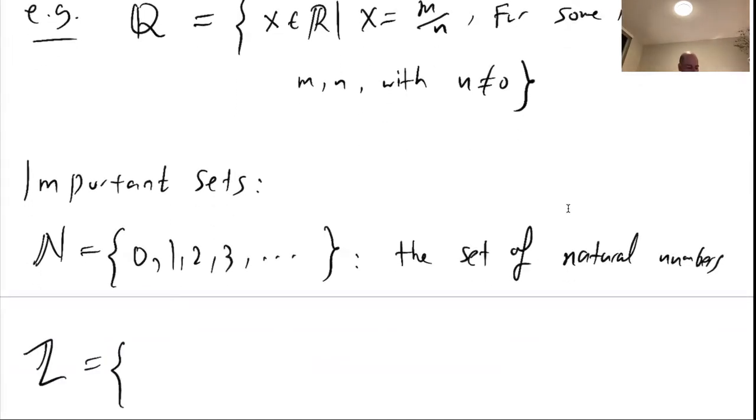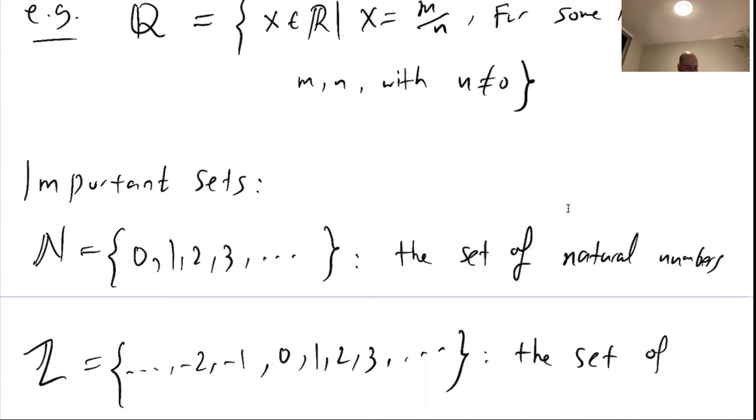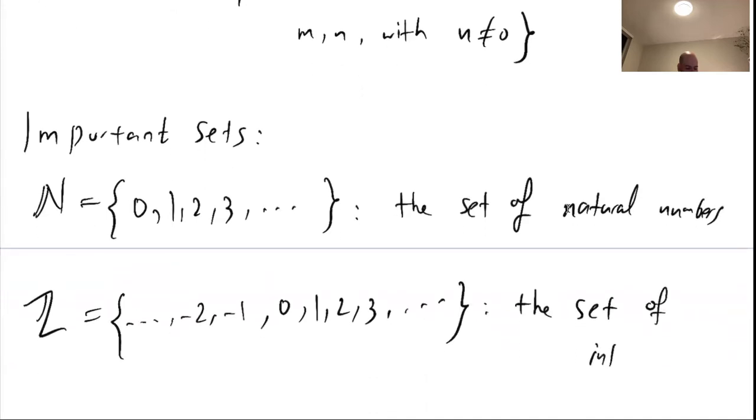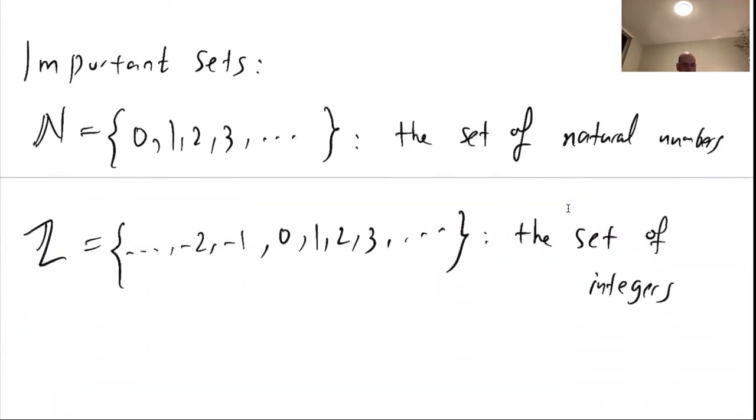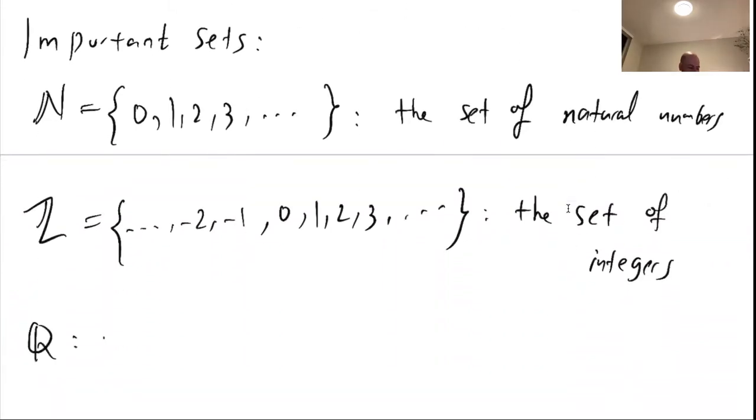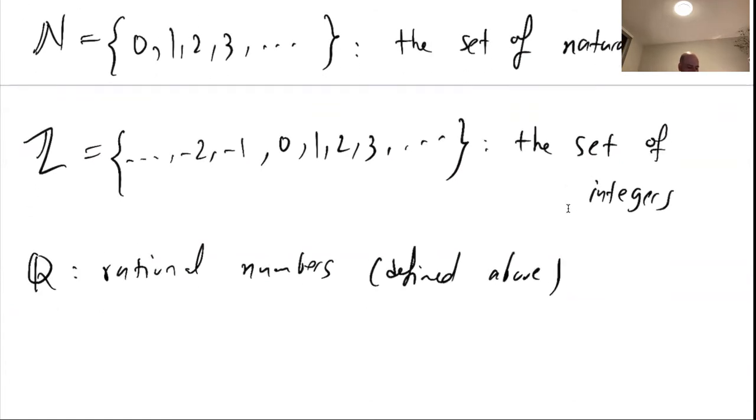What is the set of integers? 0, 1, 2, 3, and also -1, -2. So this one is the set of integers. And then Q is for rational numbers. We defined above, right? And also R, the set of real numbers.